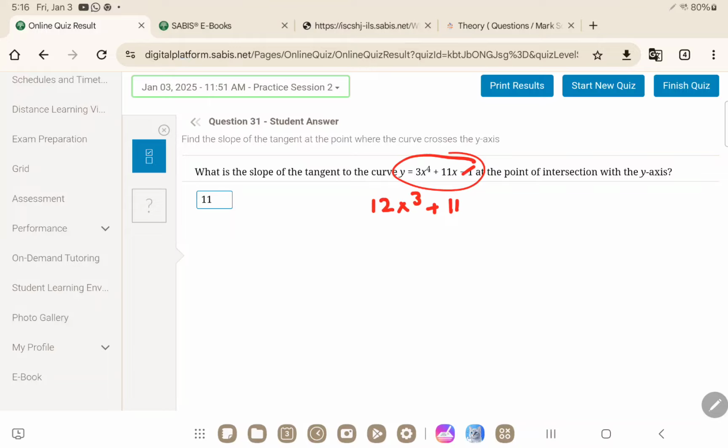So this is your equation. What we do here is we need to replace the x with 0. Every time you see an x, just set it to 0 because it's at the intersection with the y-axis. So 12 times 0 gives you 0 plus 11 equals 11. And that's your slope.